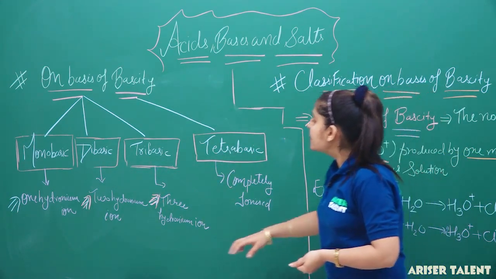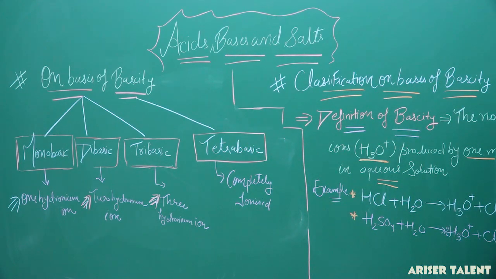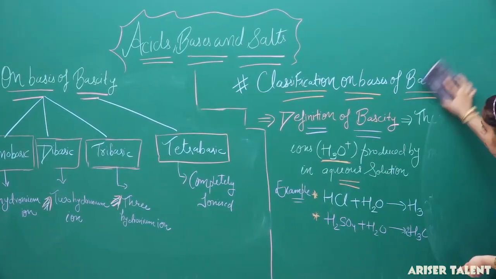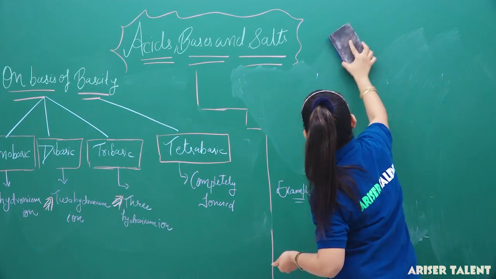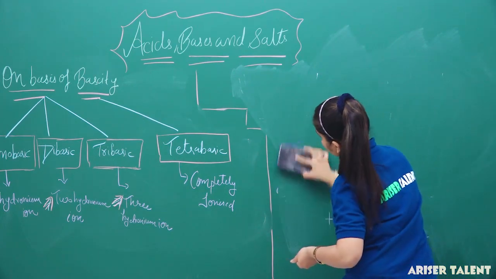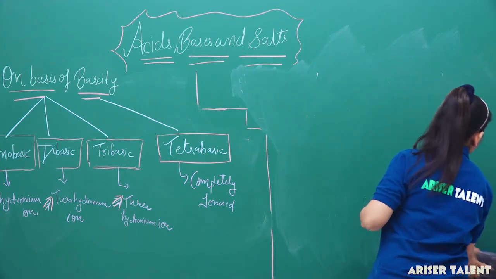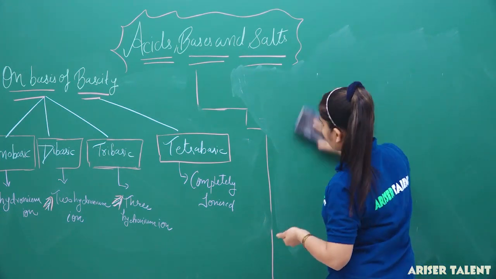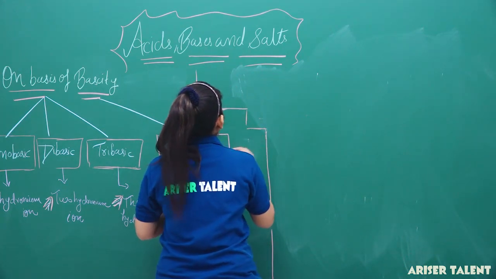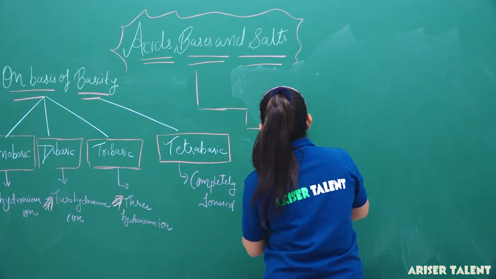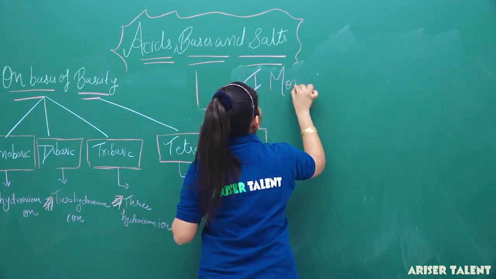Now we will consider the examples to understand all these 4 categories. So firstly, we have an example for monobasic acids. So our first category is monobasic one.